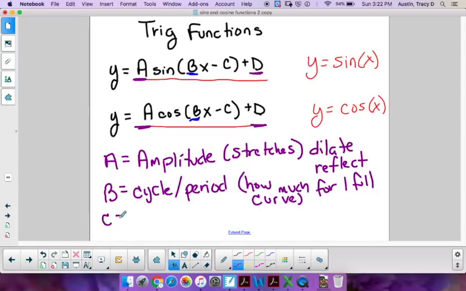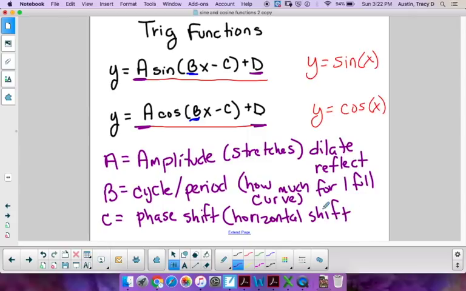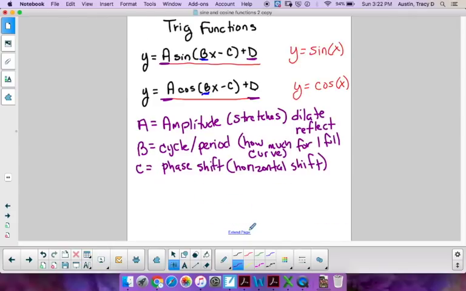All right, C, it's different phrasing for this. You know this as a horizontal shift. It's the exact same thing that horizontal shifts have always been, where left or right did I move the graph.